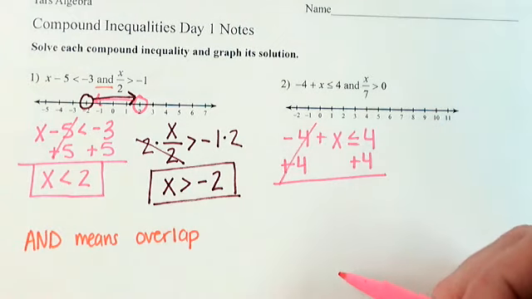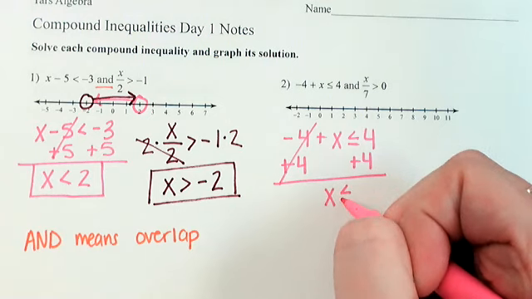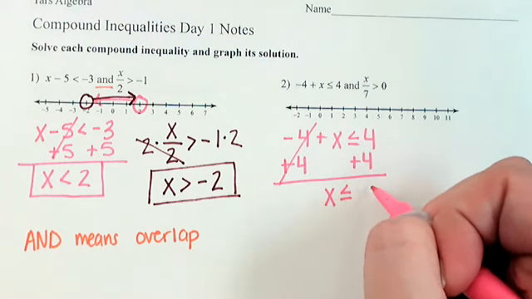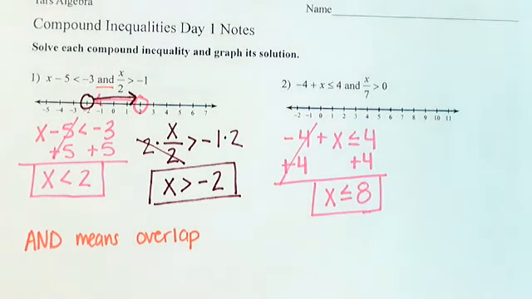The 4's cancel. We bring down the x and the less than or equal to 4 plus 4 is 8. So x is less than or equal to 8. So we solved the first half of this problem.